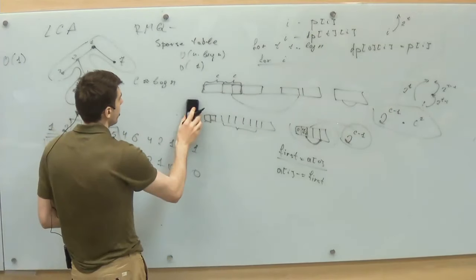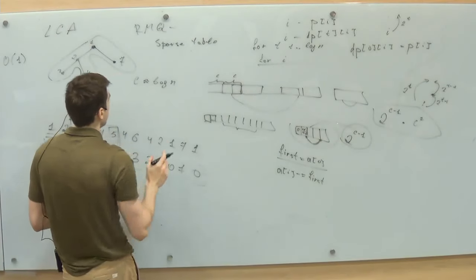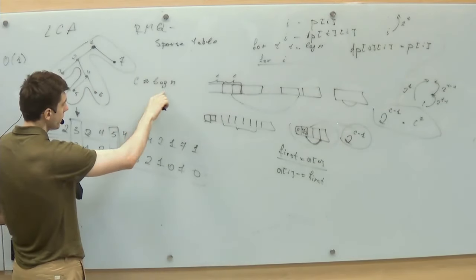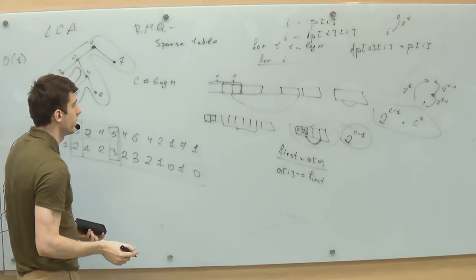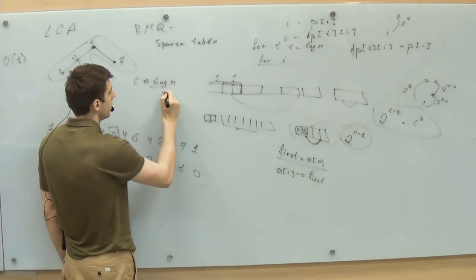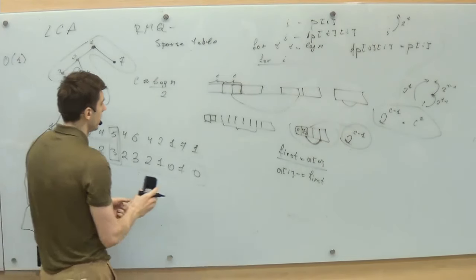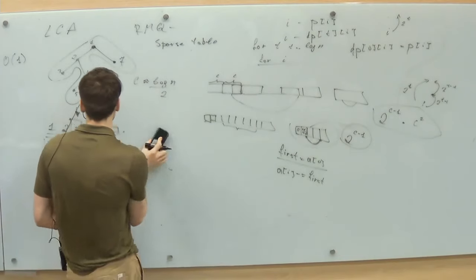And let's calculate the asymptotics. So, as I said, here we can see about the log n, but let's maybe take it divided by 2. And after that, let's calculate the asymptotics.